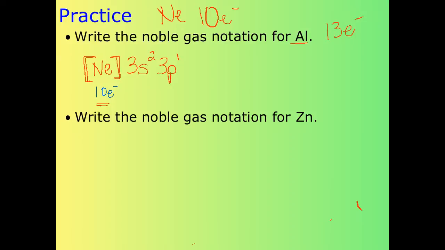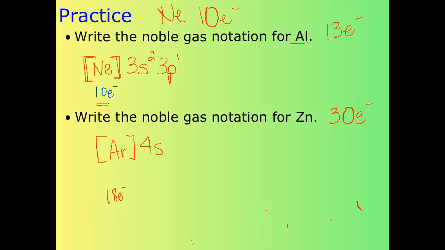We can do the same thing for zinc, and it's 30 electrons. So when I count backwards from zinc, I get argon as my noble gas. Argon having 18 electrons. So argon is where I start. Now, zinc is found in period 4, so I'll start with the 4s sublevel.